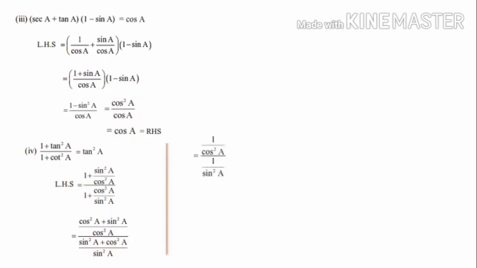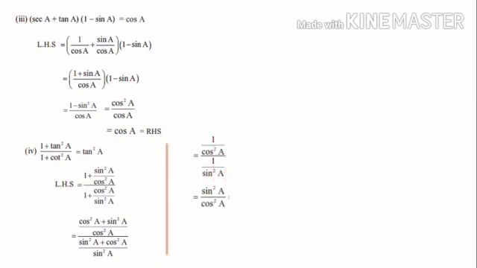By using the identities we can say 1 divided by cos square a. This cos square a plus sin square a changed to 1 divided by cos square a here, divided by the denominator, where the sin square a plus cos square a term is there, that will come as 1 divided by sin square a. So here we can write it as 1 by cos square a into sin square a by 1.